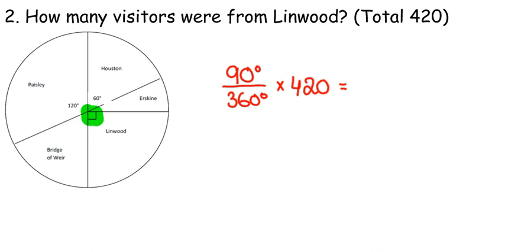Again, the assessment you're going to be sitting soon allows you to use a calculator, so you can do that. If, however, you would without a calculator, you might recognise that 90 degrees is a quarter circle, and take your 420 and divide it by 4. That would still give you the same answer of 105 people. Not 105 degrees, 105 people, or 105 visitors, however you want to write that.